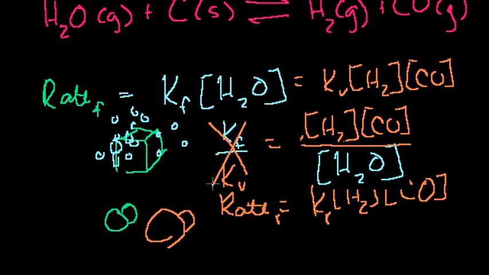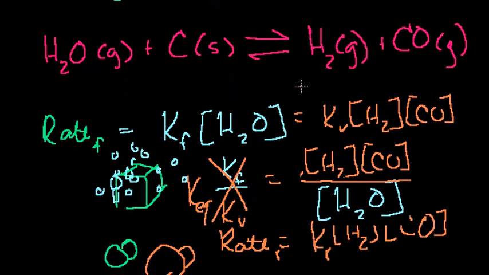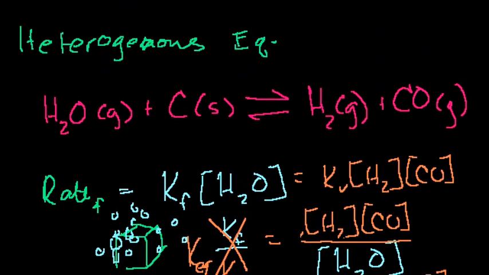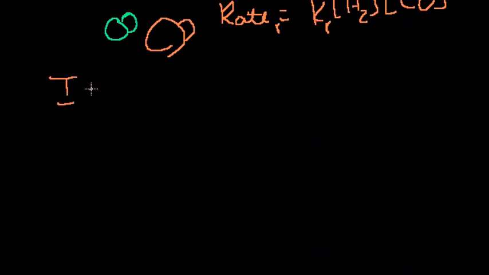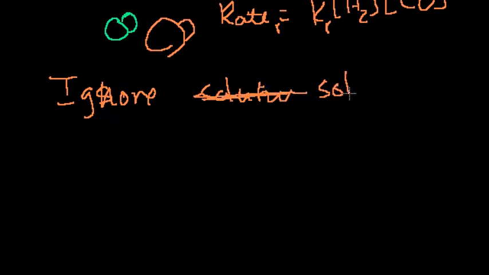And so if we call this the equilibrium constant, because it's just two arbitrary constants, you see that it actually makes a lot of sense to ignore the solid state in your equilibrium reaction. So the two takeaways here: when you're trying to calculate an equilibrium constant, especially in a heterogeneous equilibrium, you should ignore the solvent.